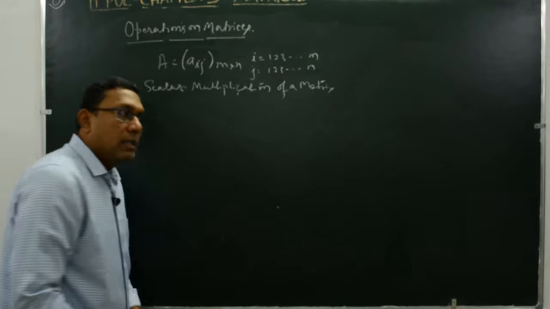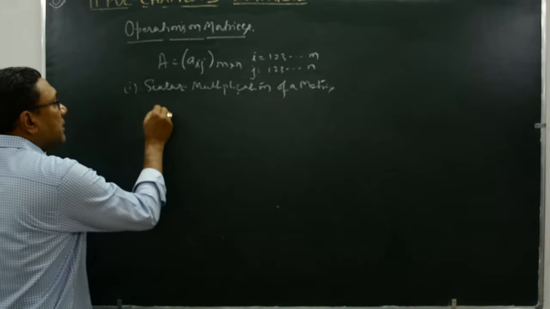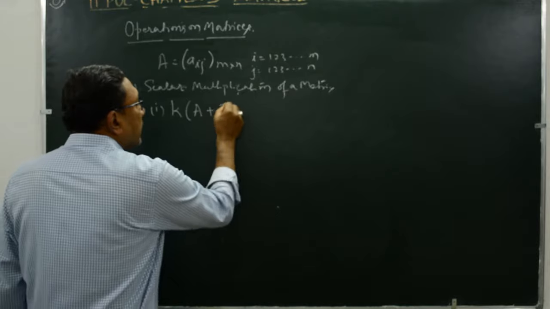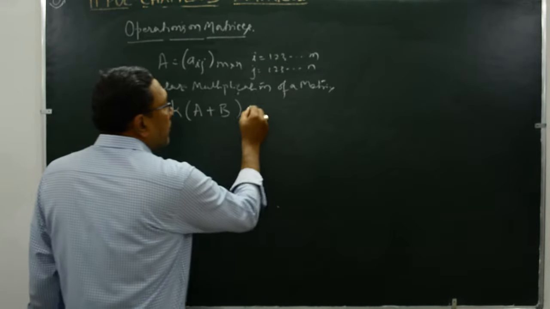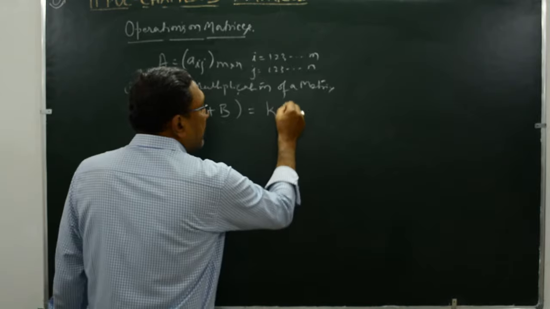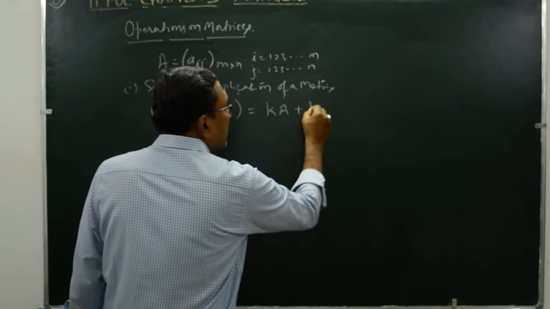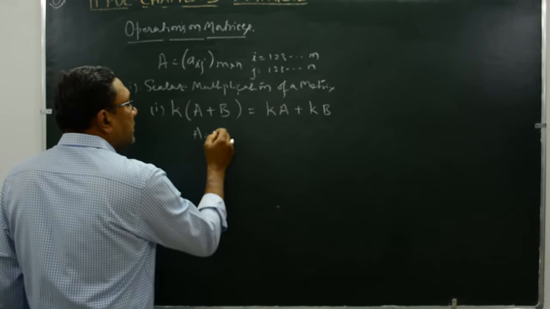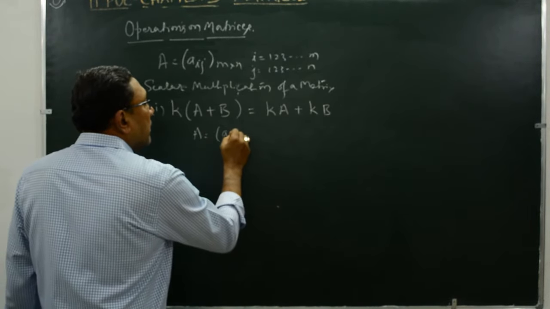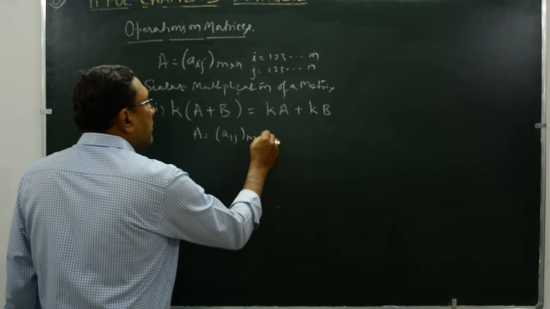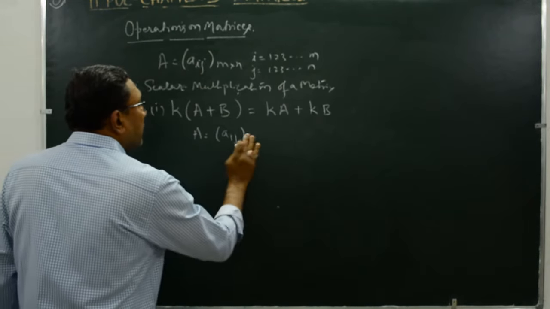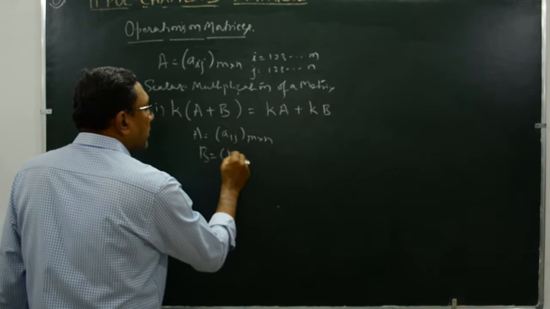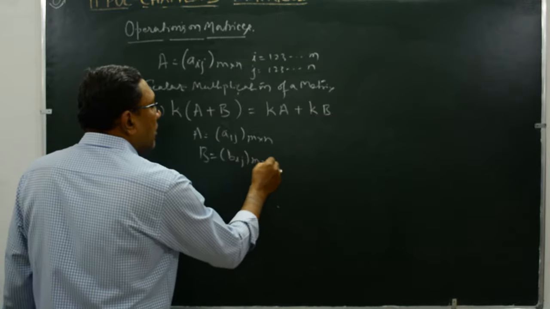The first property: if you consider two matrices, k into (A plus B), then the resultant will be kA plus kB, where A is a matrix of order m by n and B is also a matrix of order m by n.